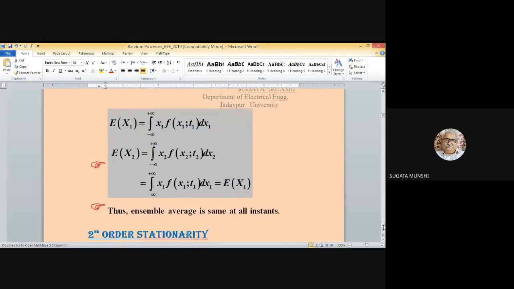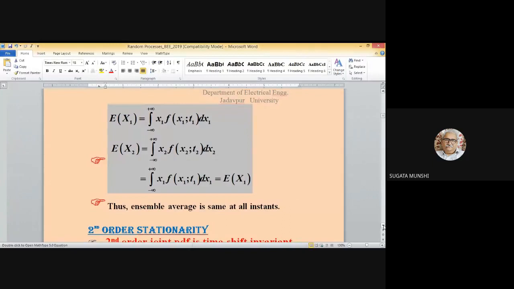Under that condition, what will happen? The ensemble average will be the same for all instants of time. I have shown here for 2 instants, it will be the same for all instants of time.